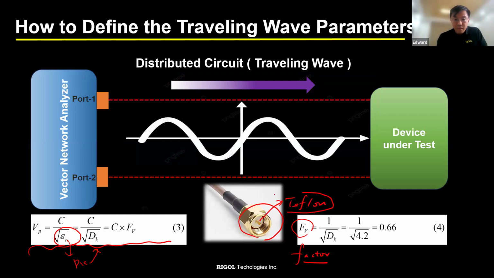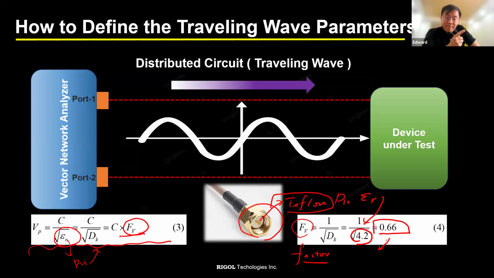The Teflon dielectric constant, epsilon R, is 2.1, so we get a velocity factor of 0.66. After the presentation, I will do a live demonstration of how to enter this velocity factor inside the network analyzer to get more precise calibration for the port extension methodologies.